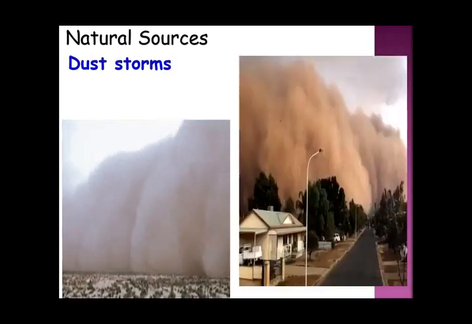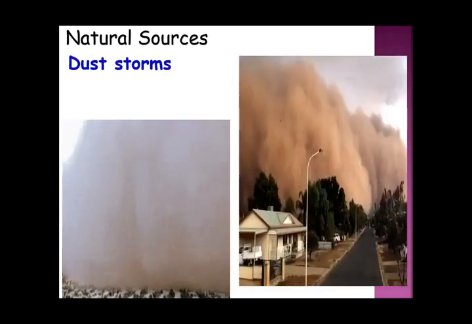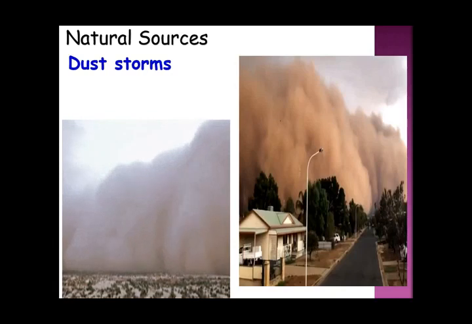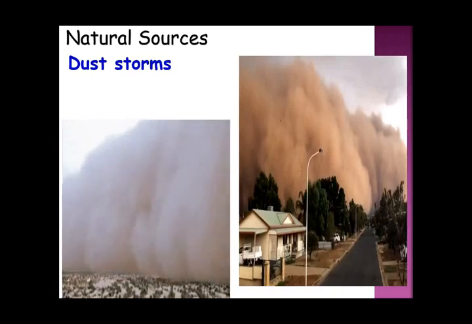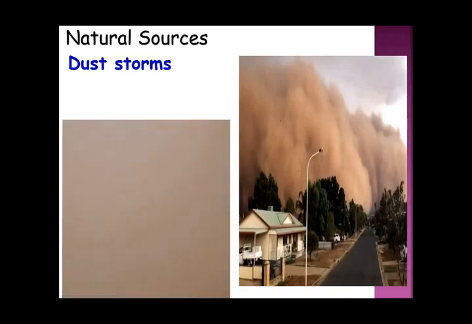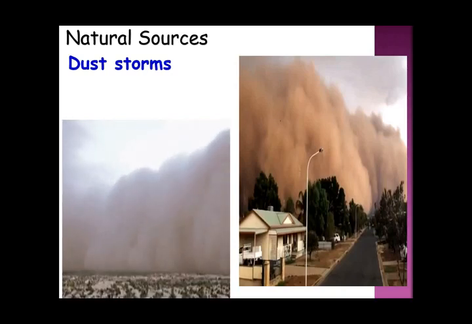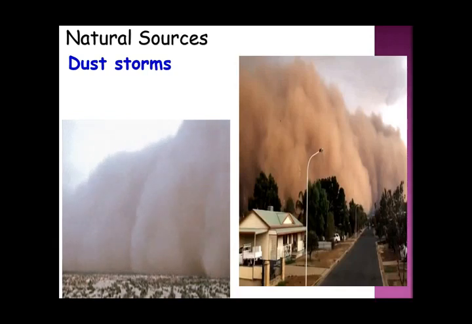Dust storms are also a natural source of air pollution. Dust storms contain dust particles. The larger or heavier dust particles will settle quickly, but the smaller particles remain suspended in air for a long time.